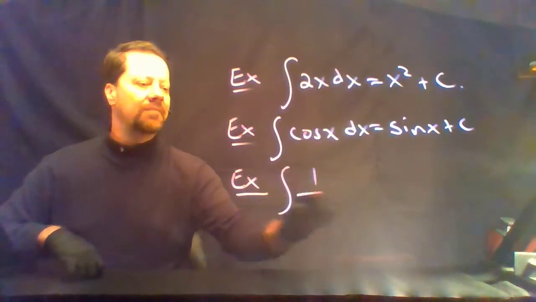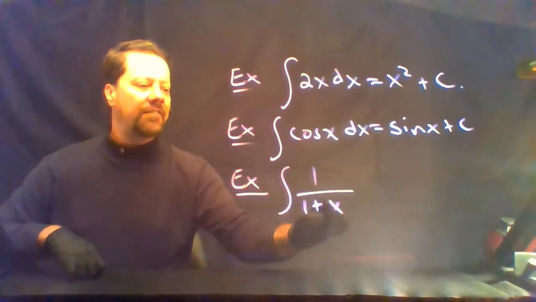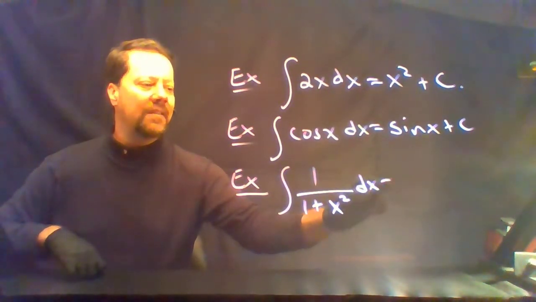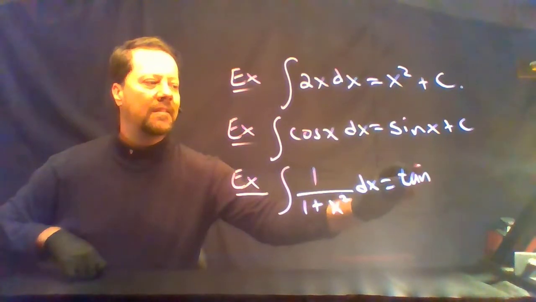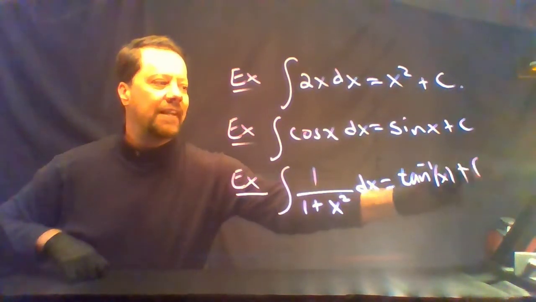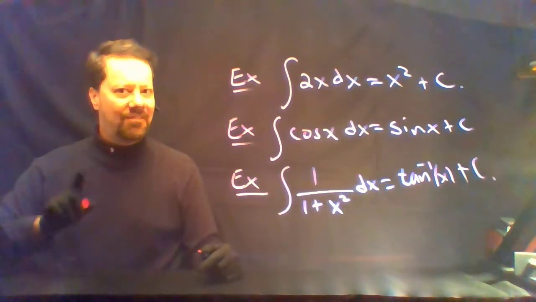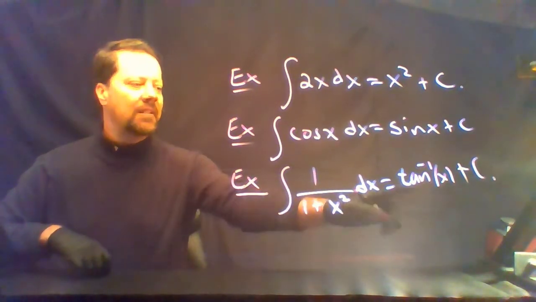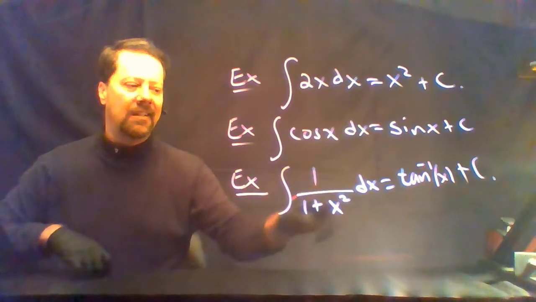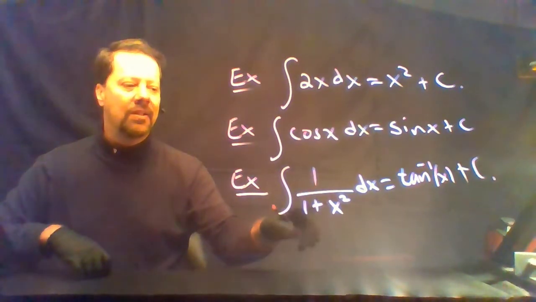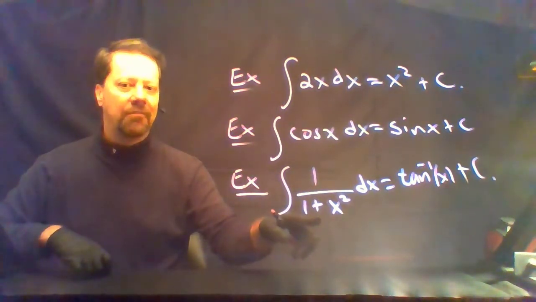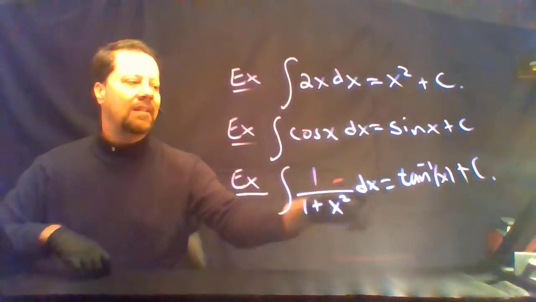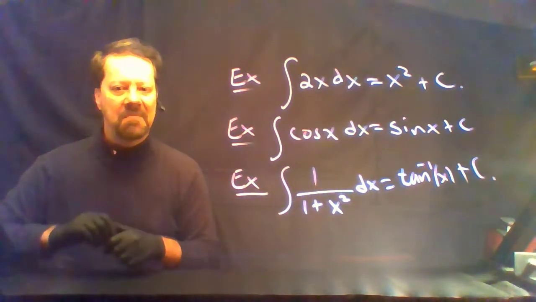The integral of 1 over 1 plus x squared is the inverse tangent of x plus c. Remember the one I asked you to remember. The derivative of arctan is 1 over 1 plus x squared. So the indefinite integral of 1 over 1 plus x squared is arctan of x plus c.